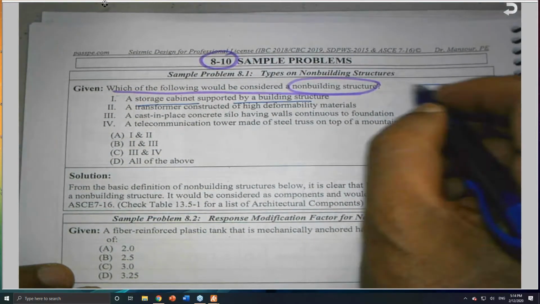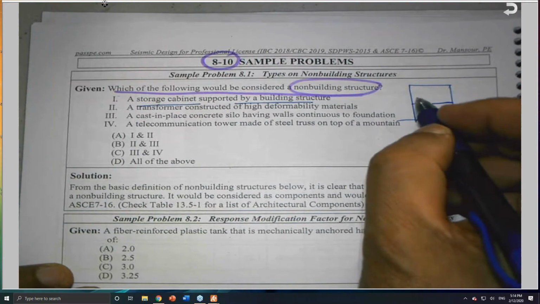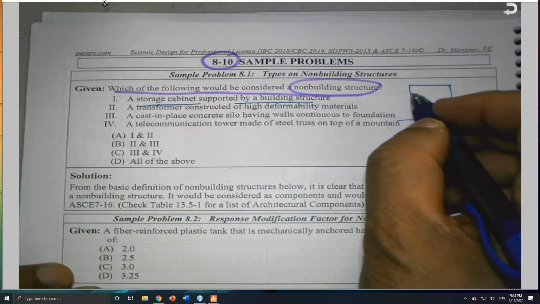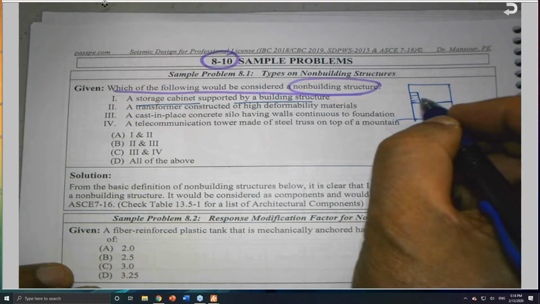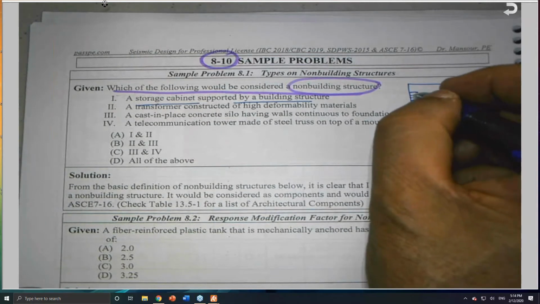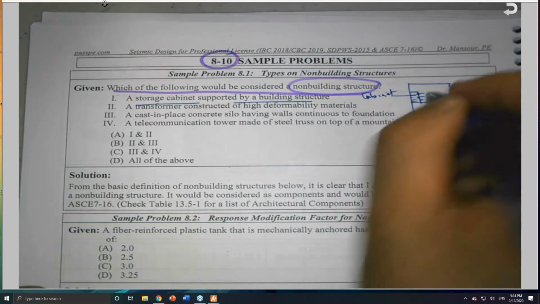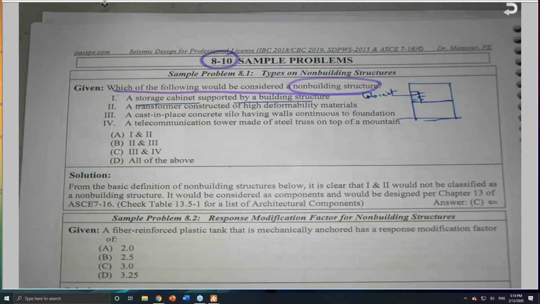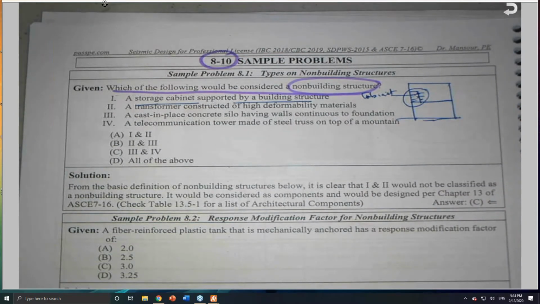No, we said that if you have a building and I have a file cabinet or a storage cabinet here, this storage cabinet has drawers, I store some information or material. This cabinet is inside the building. So do you consider it? No, this is a non-structural component. We covered this on the previous chapter, chapter 7.